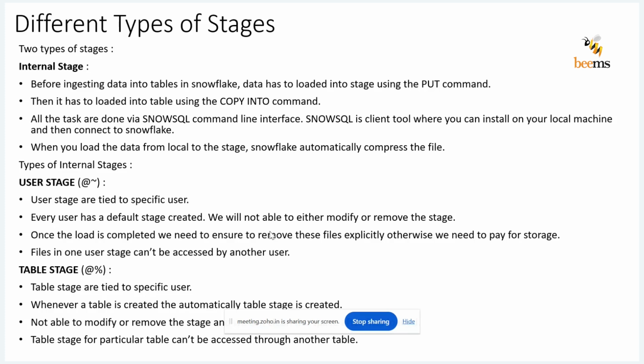If I want to search, the code we need to write is list, then the @ symbol. Then whatever files you have loaded inside your account, you can see. That is called a user stage.